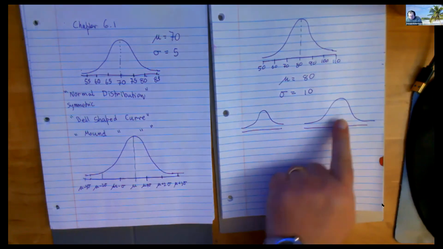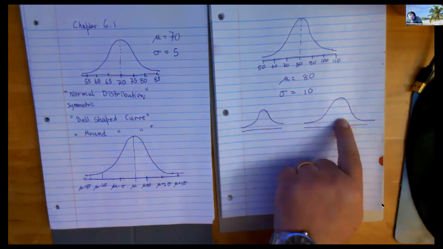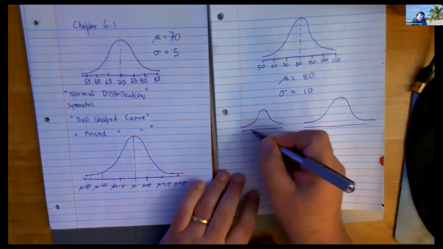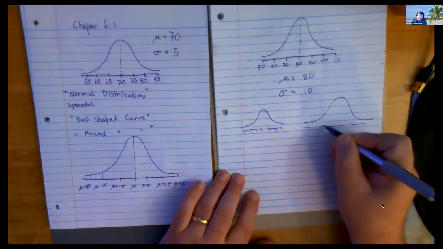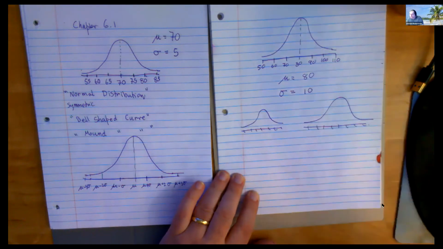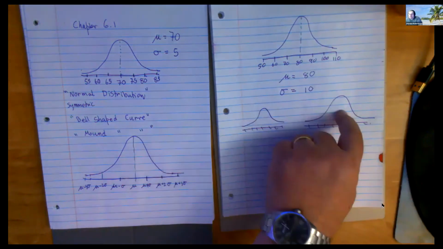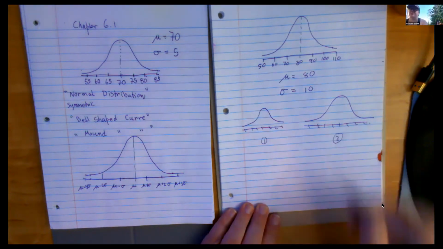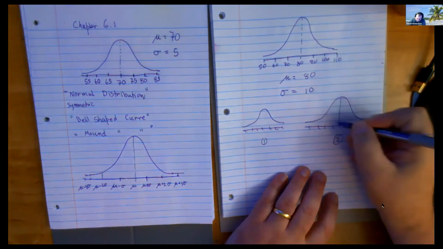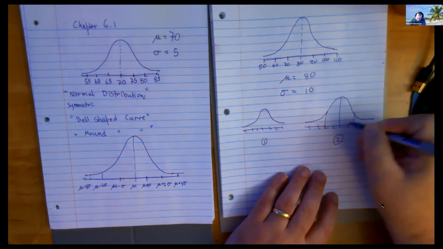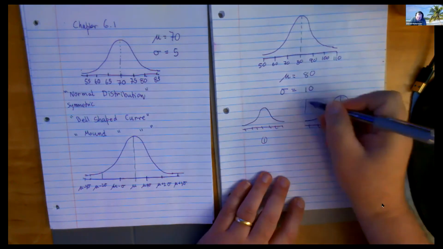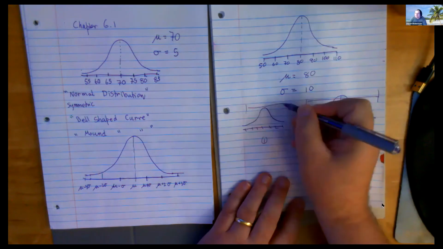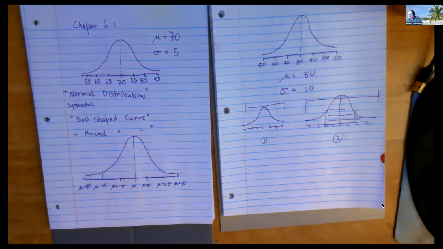Which one of these 2 populations, and we'll assume that these scales, although you don't know what the numbers are, are the same scale, which one of these 2 has the biggest standard deviation? The second one? Yeah. How can you tell? Well, would you agree that if you go one either side, let's do it in the big picture, isn't that much bigger than that? That's the easiest way.